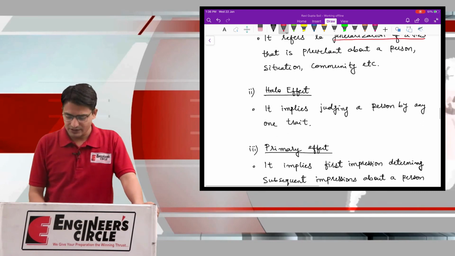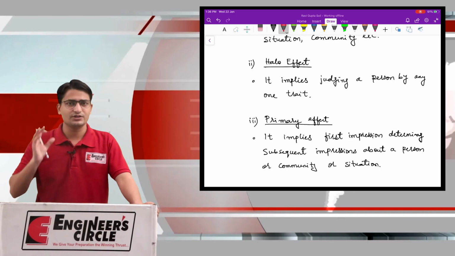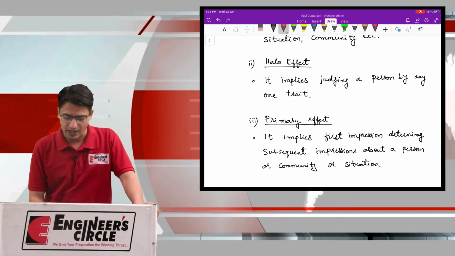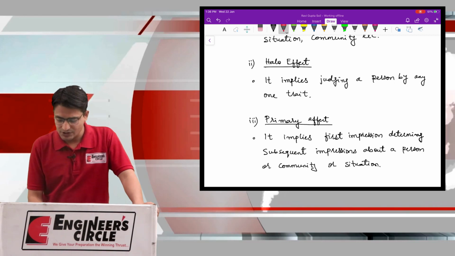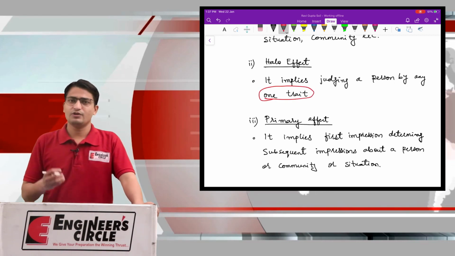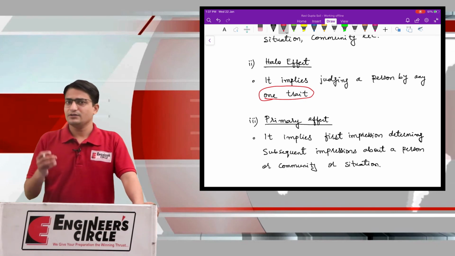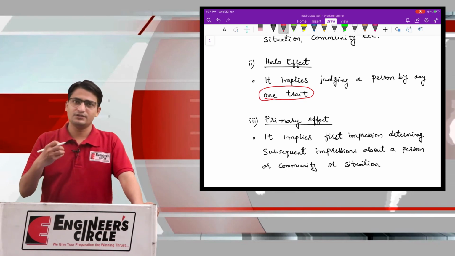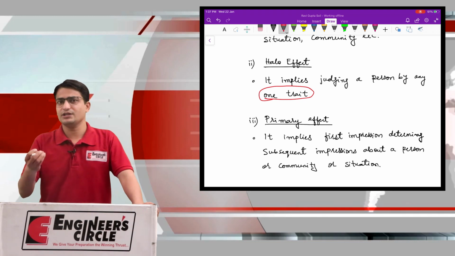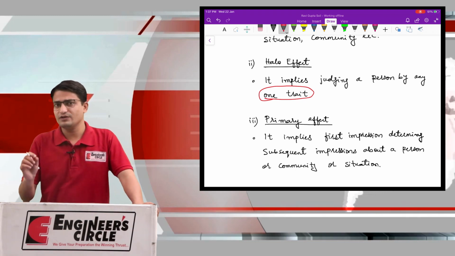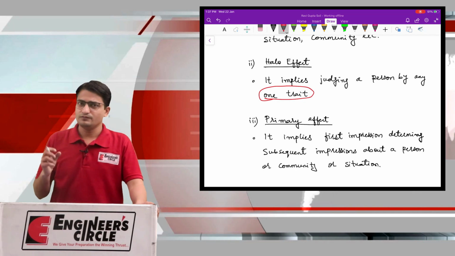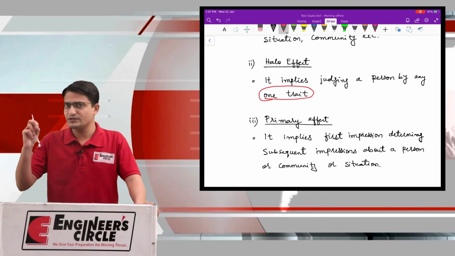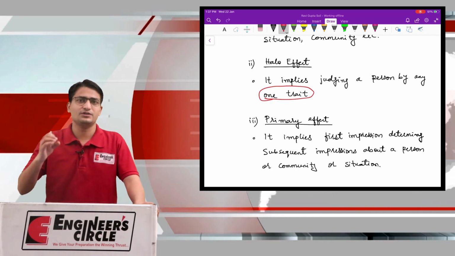The second factor, all the factors are related to each other. The second factor is the halo effect. What it means is judging a person by any one particular trait. Okay, so you have met some person, and let's say, for example, there is a junior engineer, and he always comes late to the office. He is not punctual. So this is one trait of that junior engineer, that he is not punctual.